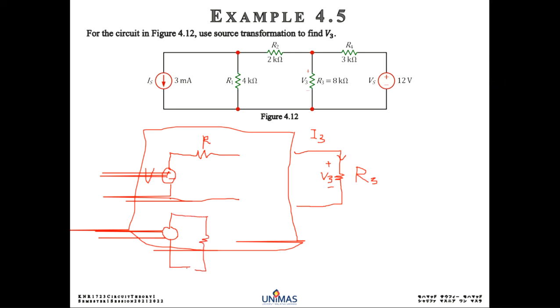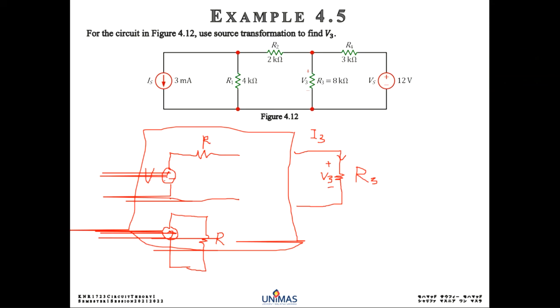Again, for a current source the resistor is in parallel, for a voltage source the resistor is in series. So this is the idea.